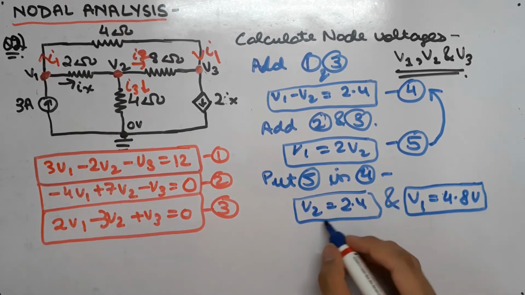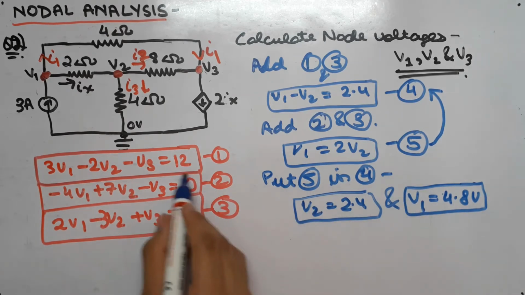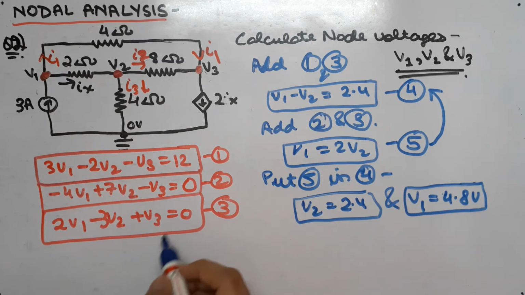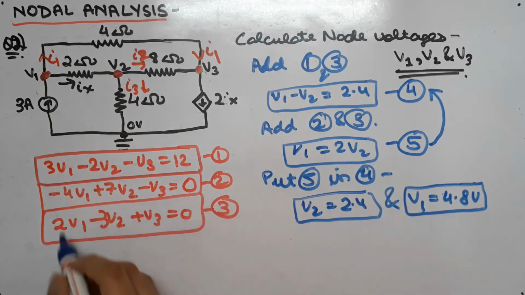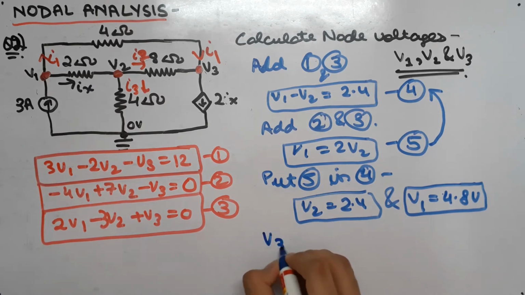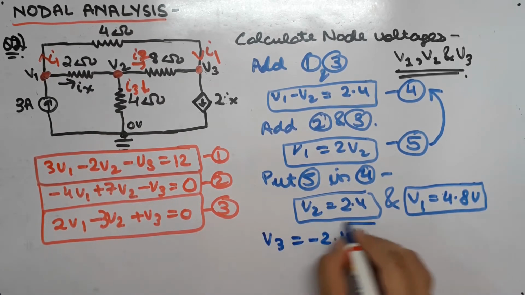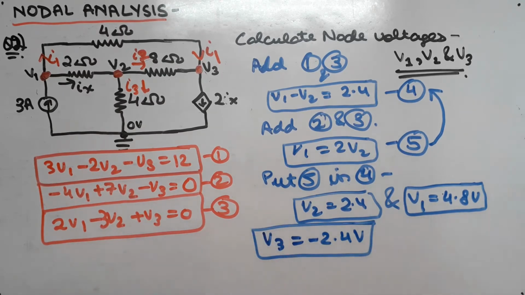Now as we have got the value of V2 and V1, we will simply put these values in equation number 2, or you can put this in equation 3 also. So let us put this in equation 3. From there we will get the value of V3 as minus 2.4 volts. Now guys, we have found out the values of V1, V2 and V3 using nodal analysis.